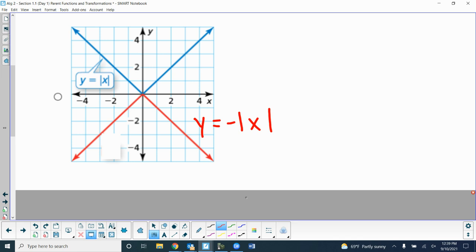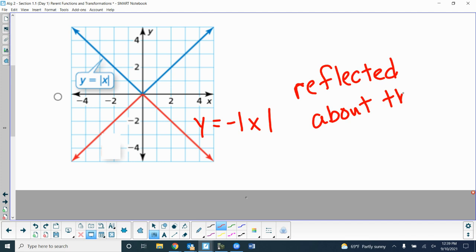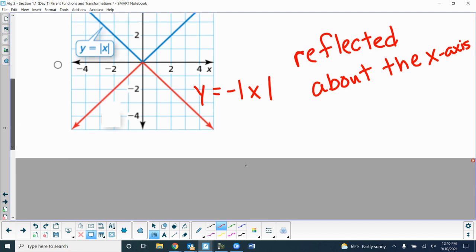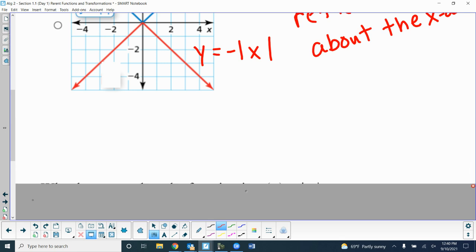Right, with the negative it reflected how? Which axis? The x. Yeah, about the x. Will it ever go above the y? Yeah, we'll do that too. We can do both. Can you change it from an X to a Y on your calculator? No, you can't.